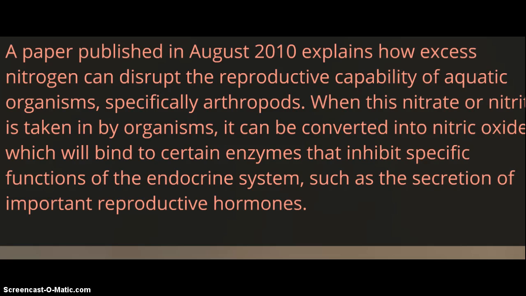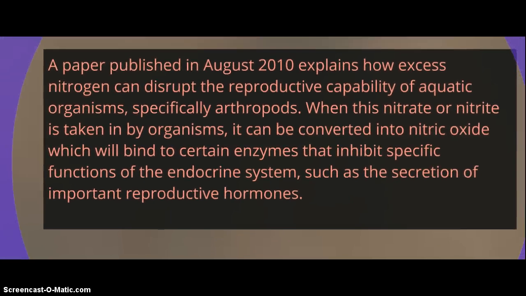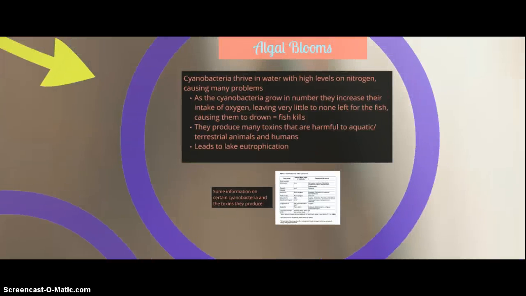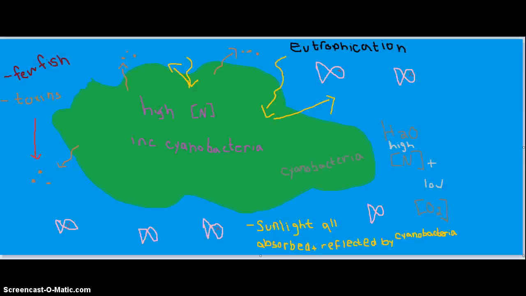So now that we looked at the arthropods, let's move on and talk about how this can create algal blooms. Here's my drawing of a lake system. In the middle of the lake there is this large algal bloom, also known as eutrophication. Let's see how this affects the whole aquatic system.